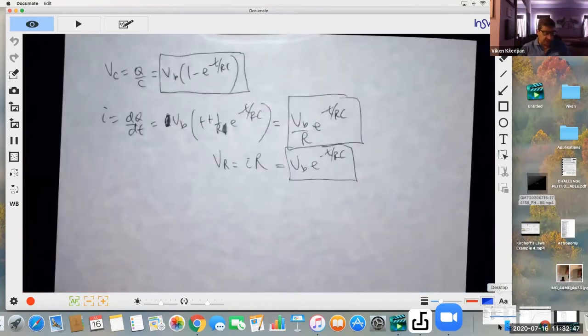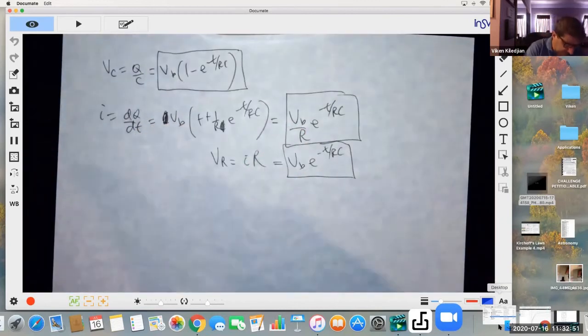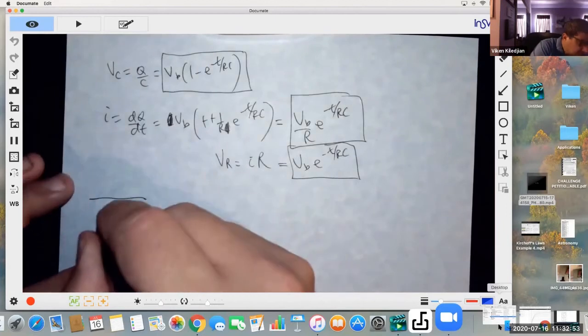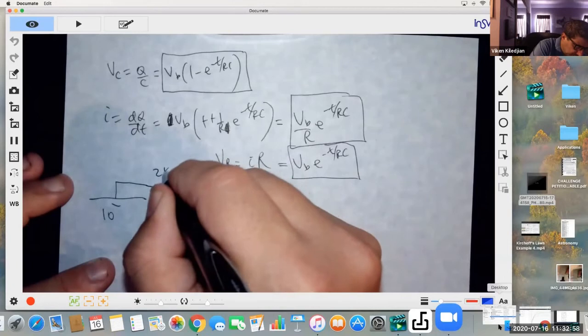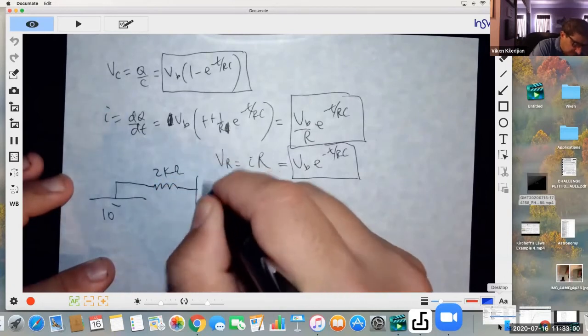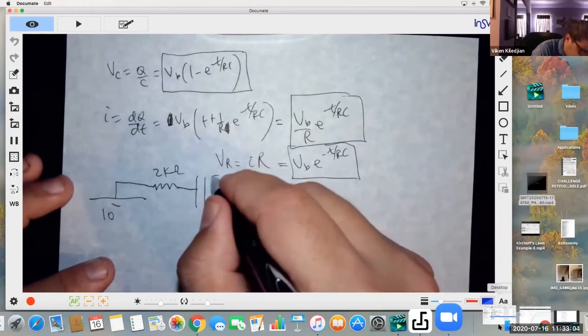So let's see how that kind of function behaves with the same numbers. Let's say R is 2 kilo ohm. What was my original value? 5 millifarads.